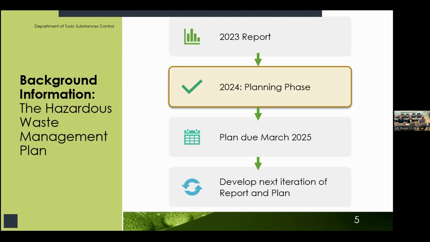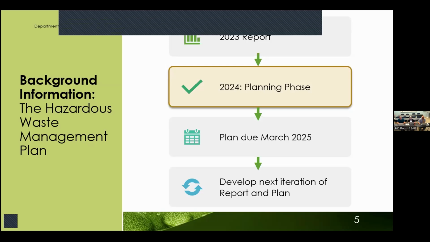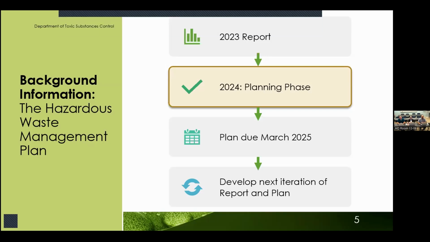So welcome to everybody. With that, I do like to give a little background on what this project is for those who are new or haven't attended many of the workshops in the past. So in 2021, Senate Bill 158 was approved, and it made changes to Health and Safety Code 25135.